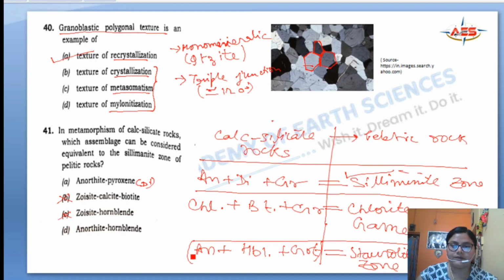Anorthite, hornblende, we can find it here, but it represents the staurolite to kyanite zone of the pelitic rock, not the sillimanite zone. Not the answer. Therefore, anorthite diopside is equivalent to the sillimanite zone of pelitic rock. So this mineral assemblage represents the sillimanite zone. Answer A is correct for question number 41.